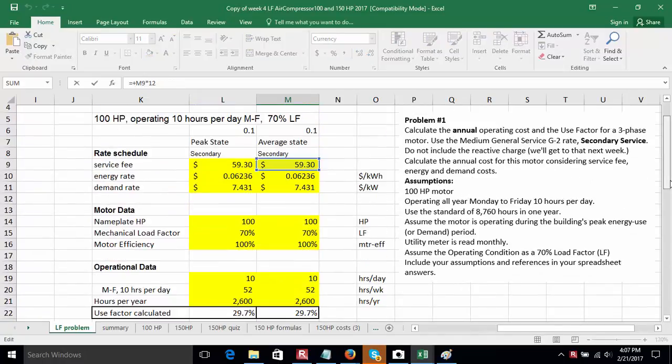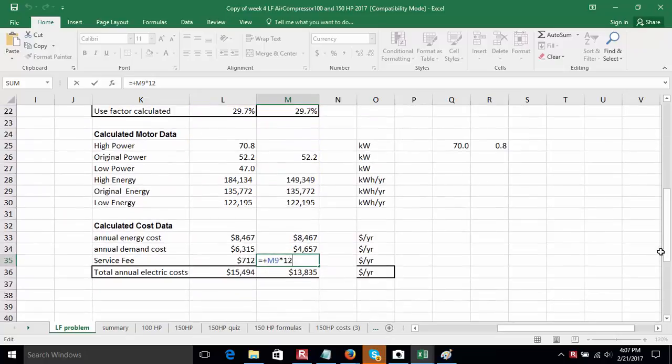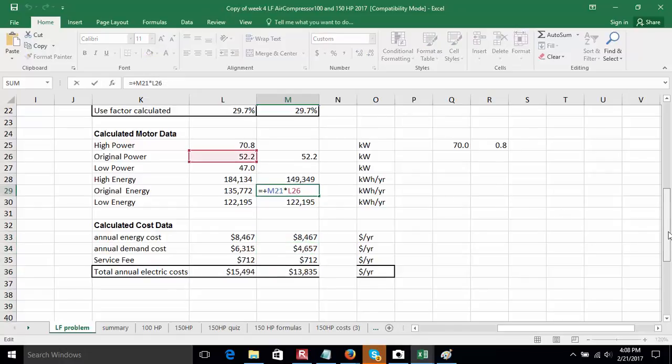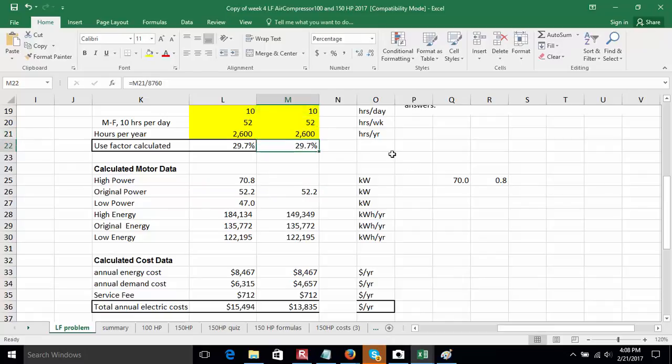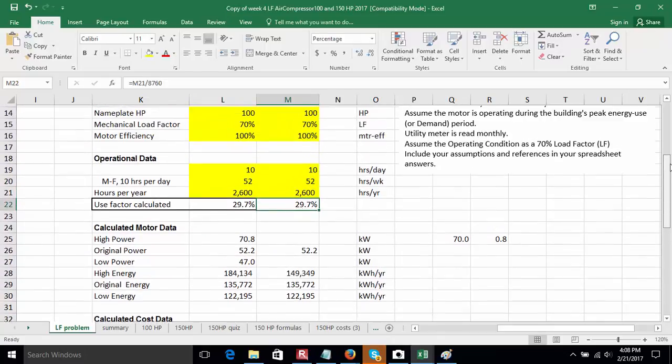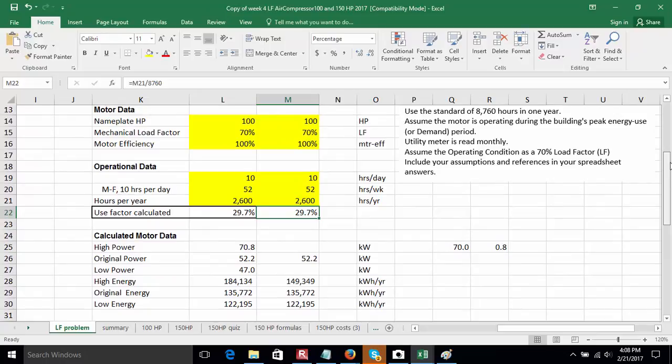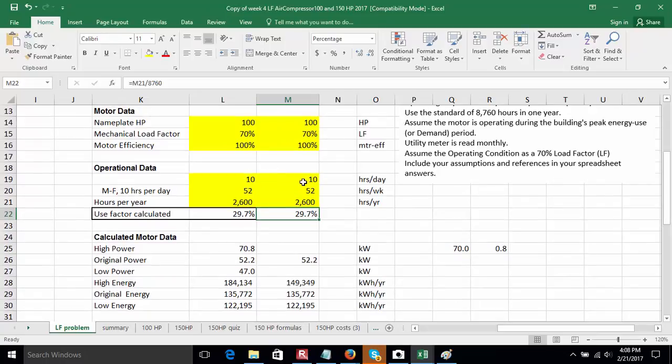It's just your monthly fee times 12. Your energy cost is also relatively straightforward, and that is the energy, which is power times time. And again, we're running for 2,600 hours a year, 10 hours a day, 52 hours a week.